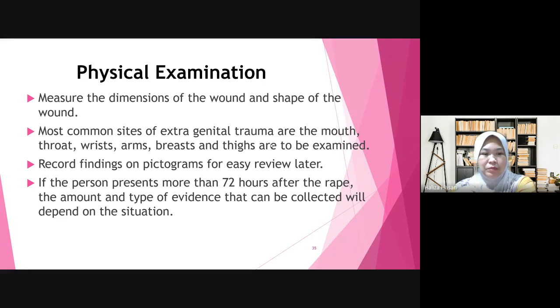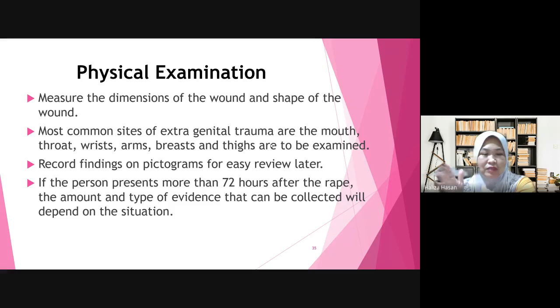Okay. If the person presents more than 72 hours after the rape, the amount and type of evidence that can be collected will depend on the situation. Okay, but if it is a rape case, suppose when it happens, immediately we have to go to hospital, to the emergency department, and all the investigation and the evidence can be collected. But if after 72 hours, it depends what is the evidence that can be collected.